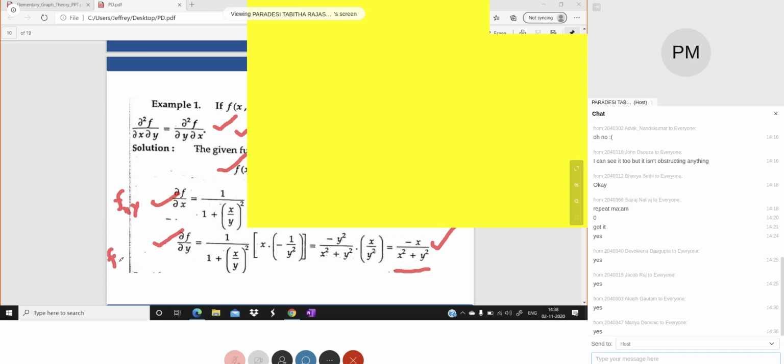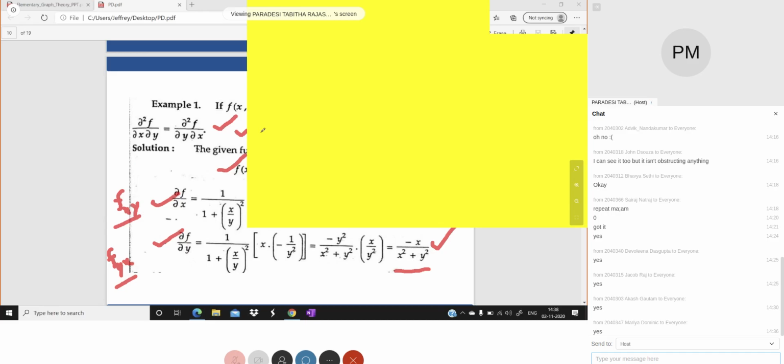And those of you who finished fy, go ahead for fyx, which is nothing but the partial derivative of fy with respect to x. This is fy with respect to x. This is fx with respect to y. Use the quotient rule or product rule, whichever, and just give the final answer.